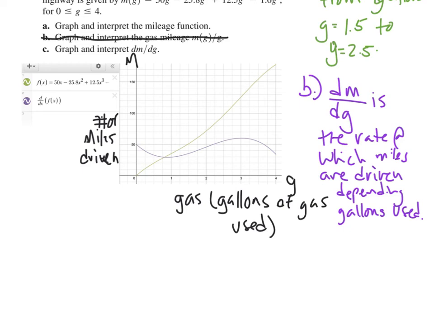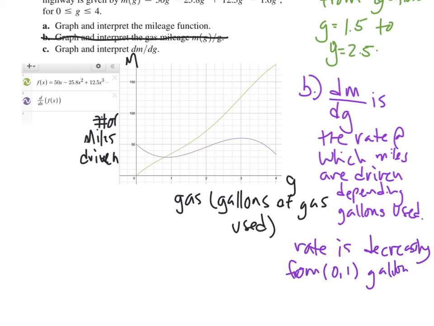So really, the rate is decreasing from 0 to 1 gallons and from 3 to 4 gallons.